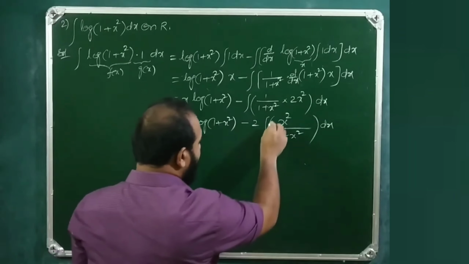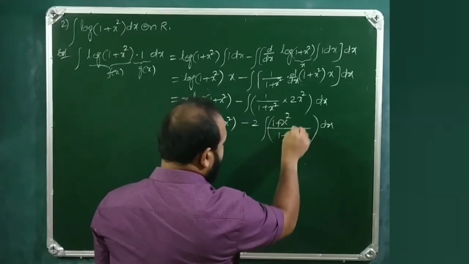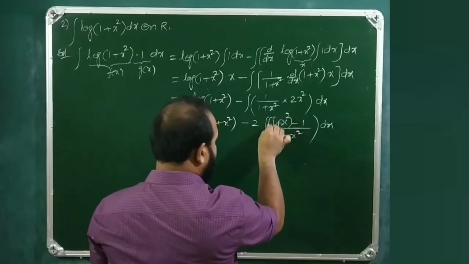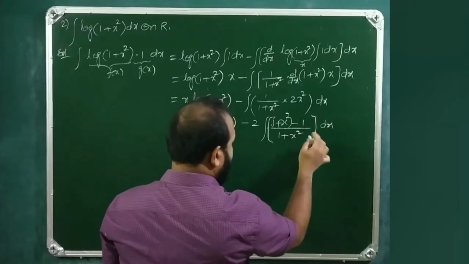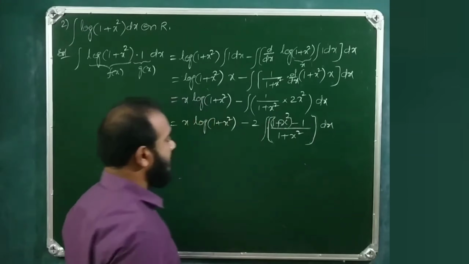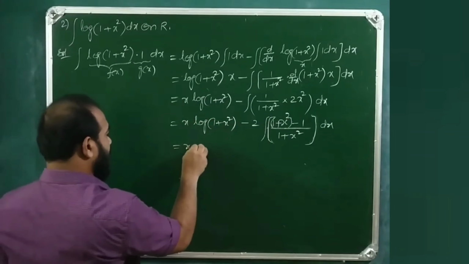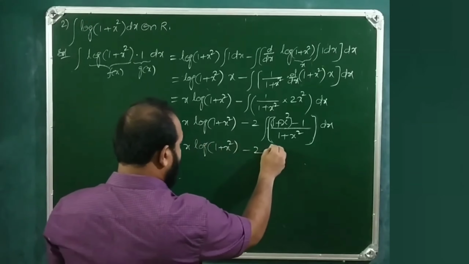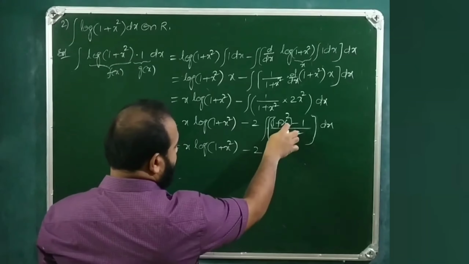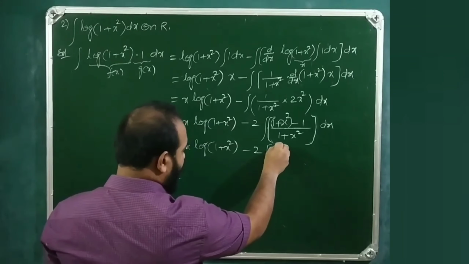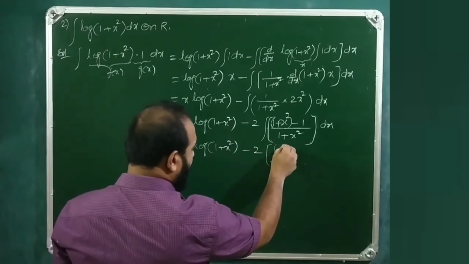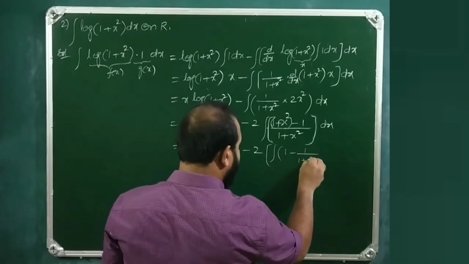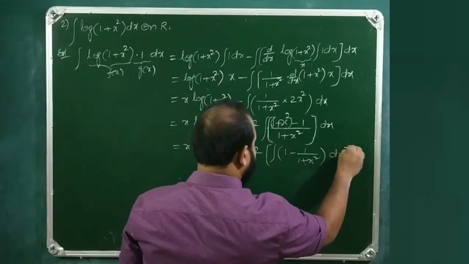So here I will add 1 and subtract 1. Then we will get x log 1 plus x square minus 2 into 1 plus x square by 1 plus x square is 1. So integral of this is 1 minus 1 by 1 plus x square whole dx.